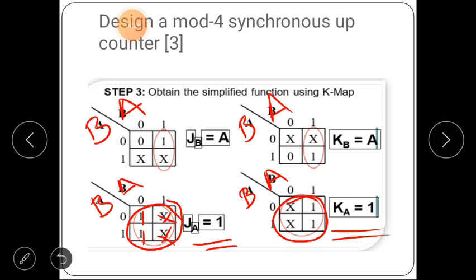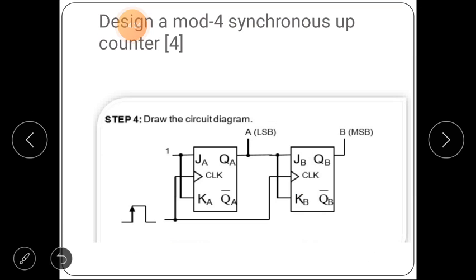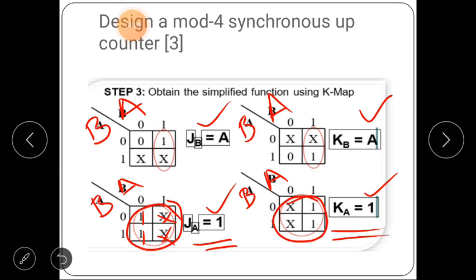So based on these equations, the JA, KA values and JB, KB input values, we draw the logic diagram. First draw the flip-flops.